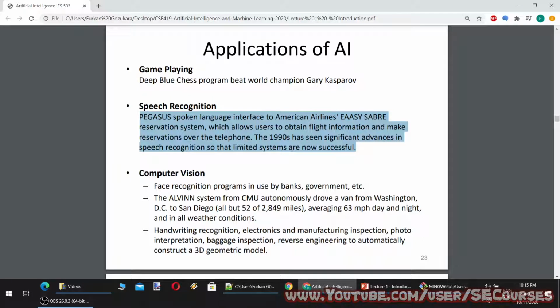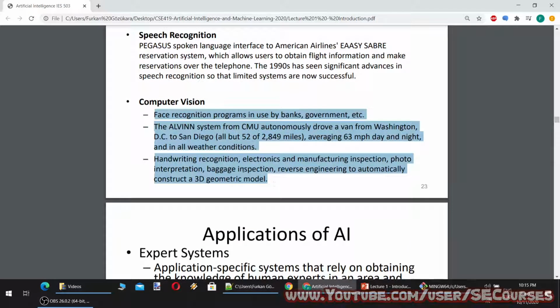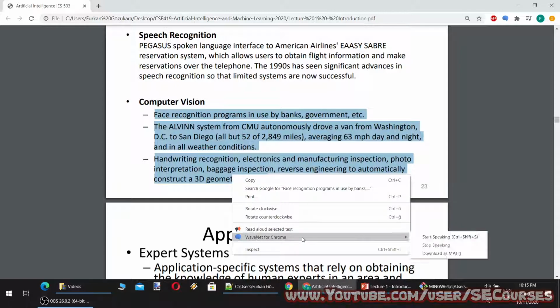advanced and human-like. Computer vision, which is used in many areas, such as autonomous cars or collecting fruits from plants.